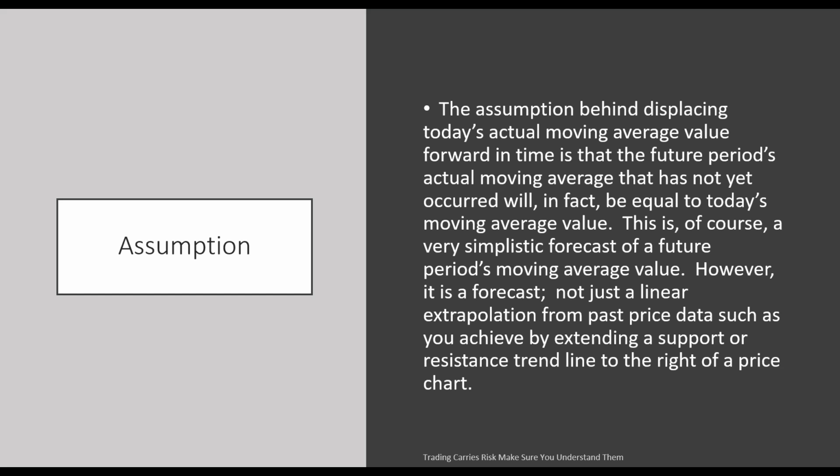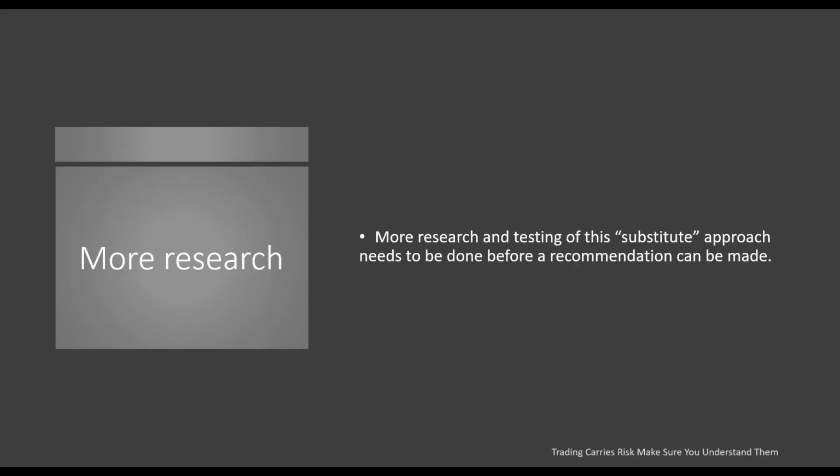However, it is a forecast, not just a linear extrapolation from past price data, such as you achieve by extending a support or resistance line to the right of a price chart. More research and testing of the substitute approach needs to be done before a recommendation can be made.